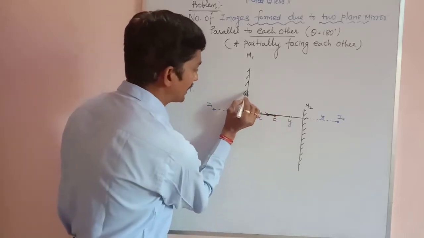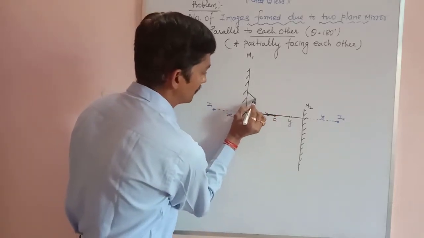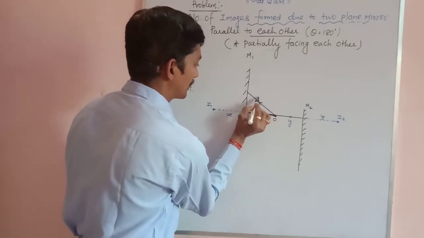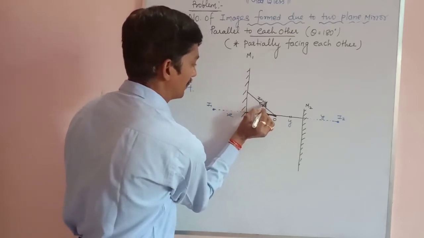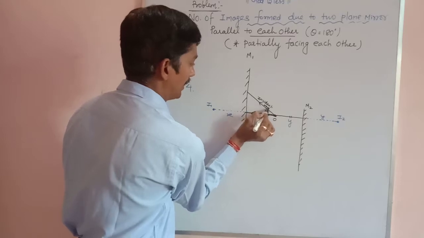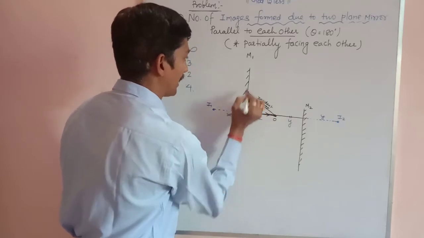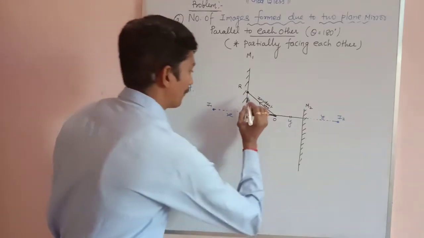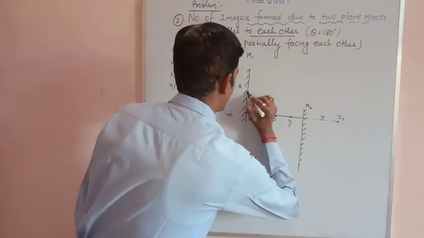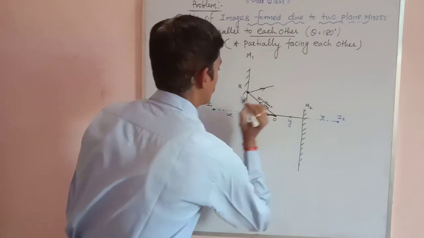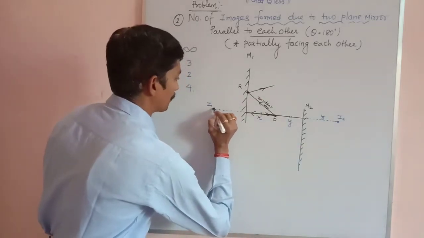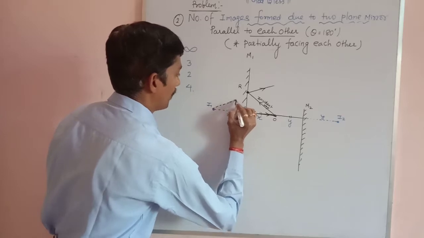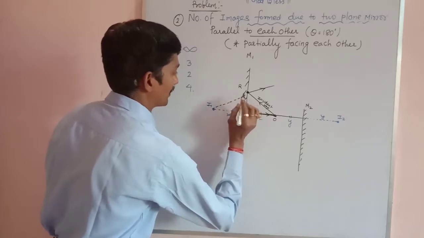Let another incident ray be drawn here from point object O. This is the incident ray, right? Let it strike the mirror M1 at point R, which will reflect here, and it will be produced from the back like this, or it will be produced inside the mirror like this.